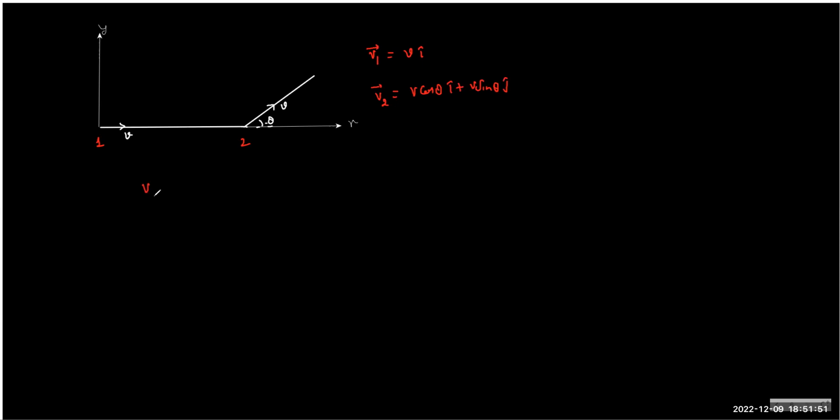Then you can find either v1 minus v2 or v2 minus v1, it doesn't matter. So find v1 minus v2: v I cap minus v cos theta I cap plus v sin theta j cap. Then you take the I cap together and the j cap together.